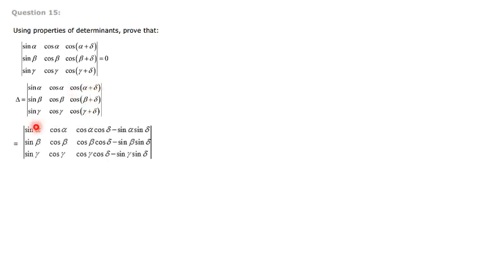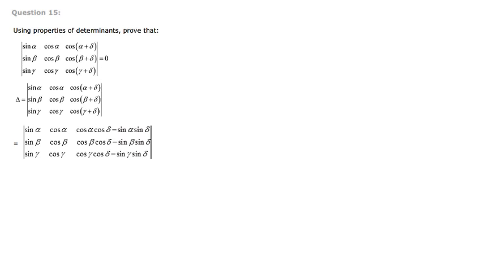The first column remains the same, the second column also the same, and in the third column, cos alpha plus delta changes to cos alpha cos delta minus sin alpha sin delta, cos beta plus delta changes to cos beta cos delta minus sin beta sin delta, and cos gamma plus delta changes to cos gamma cos delta minus sin gamma sin delta.